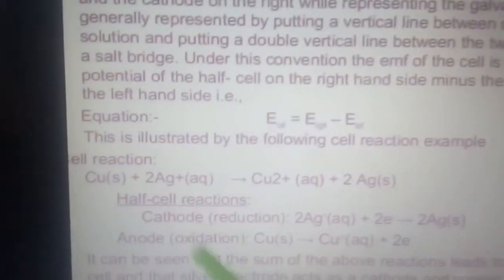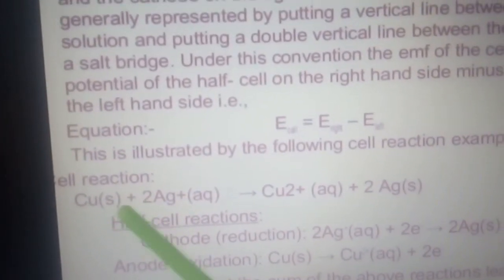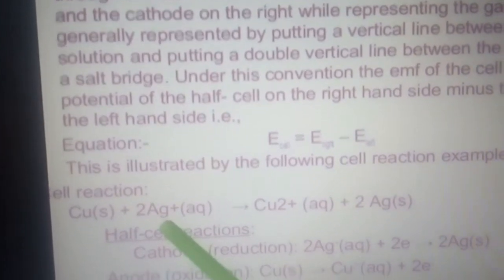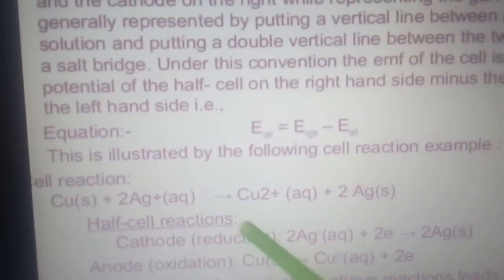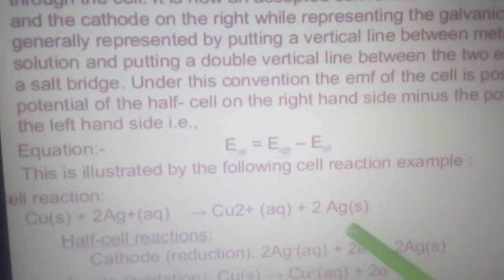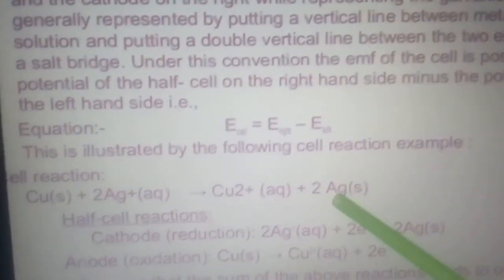Say for example, this is the chemical reaction for the cell: Cu plus 2Ag+ gives Cu2+ and 2Ag. Here copper is oxidized and silver ion is reduced.